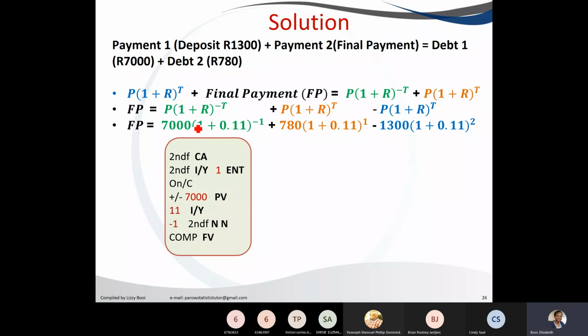So we know that in terms of the manual calculation, that is what we do. In terms of the financial calculator steps, you say second function I and Y 1 year because the compounding period is 1, on and off plus or minus 7,000. That is our present value. 11 is our interest, -1 because it's moving backwards 1 year.